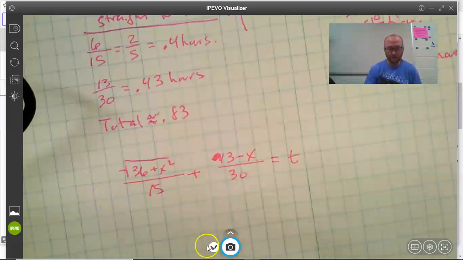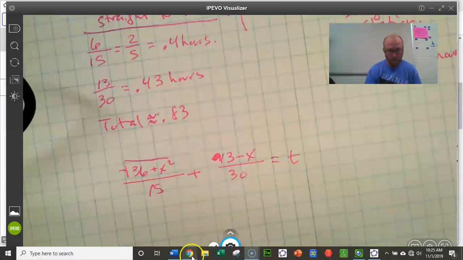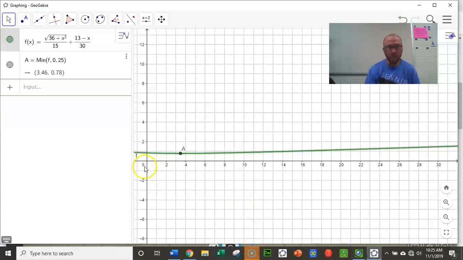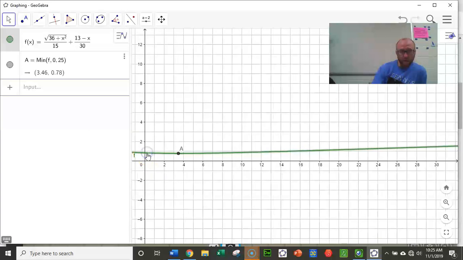And here's where it gets super complicated. Over here is a graph of that function. The 0 would be if we traveled straight down to the road. I'll place a point there.